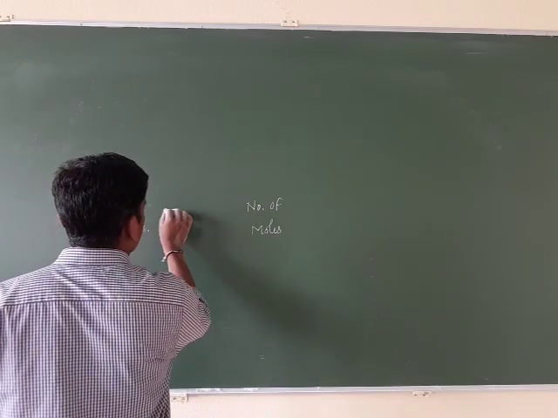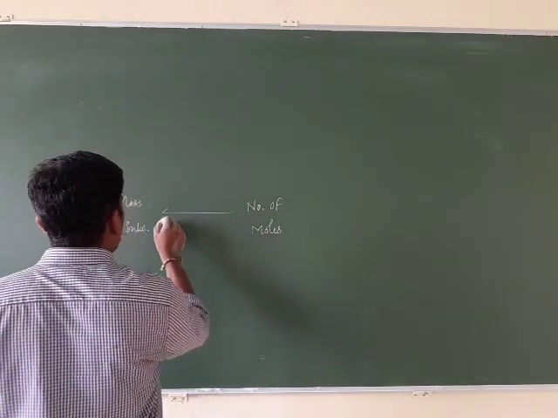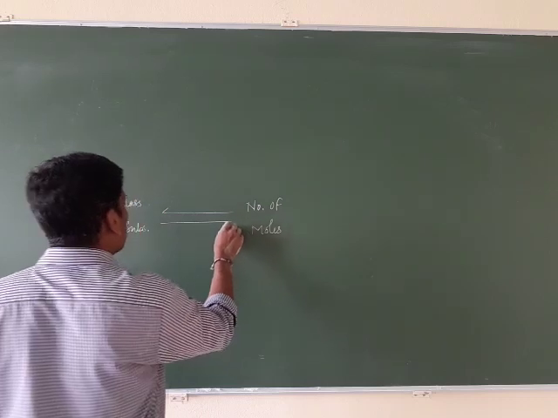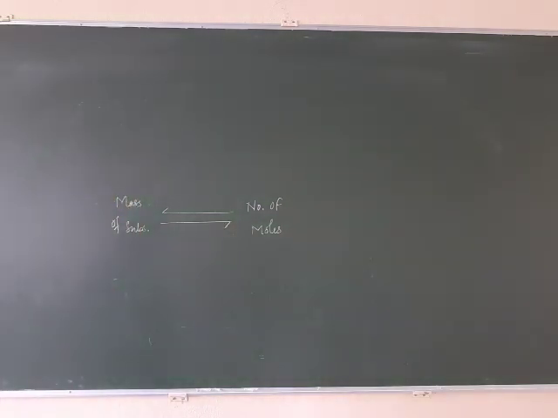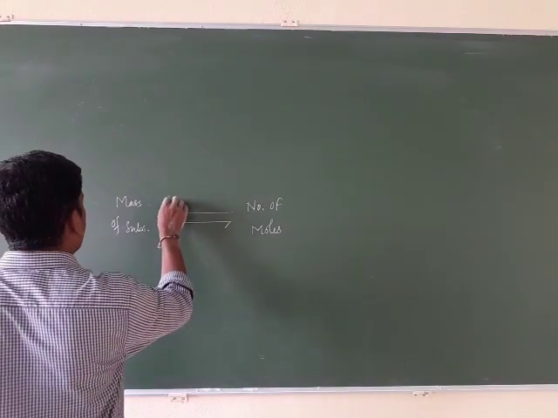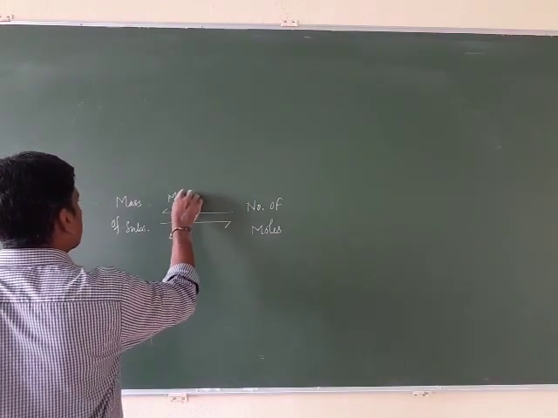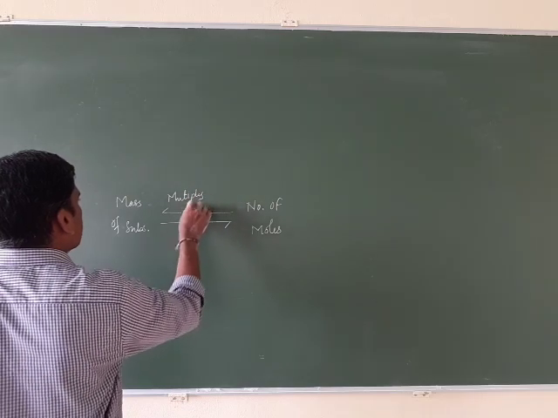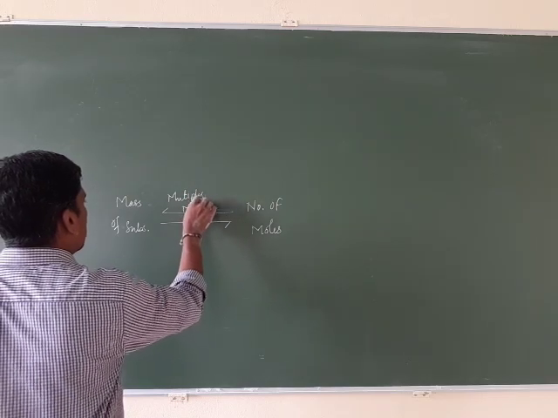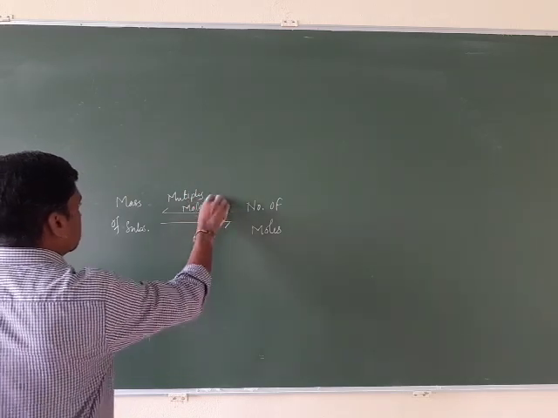The number of moles is converted into mass of a substance by multiplying by molar mass.